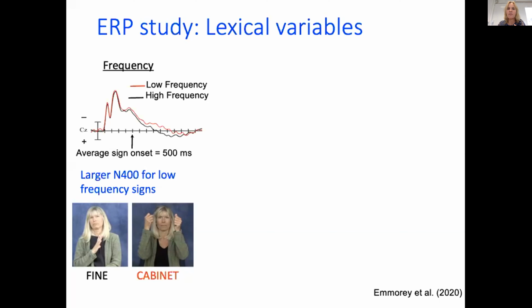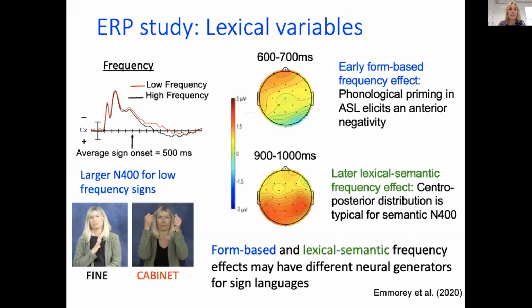And so you can see that the frequency effect is starting fairly early. In fact, we see two effects of frequency. One is an early effect that starts right about at sign onset, and a later effect that starts about 400 milliseconds in. And these two effects have different distributions.